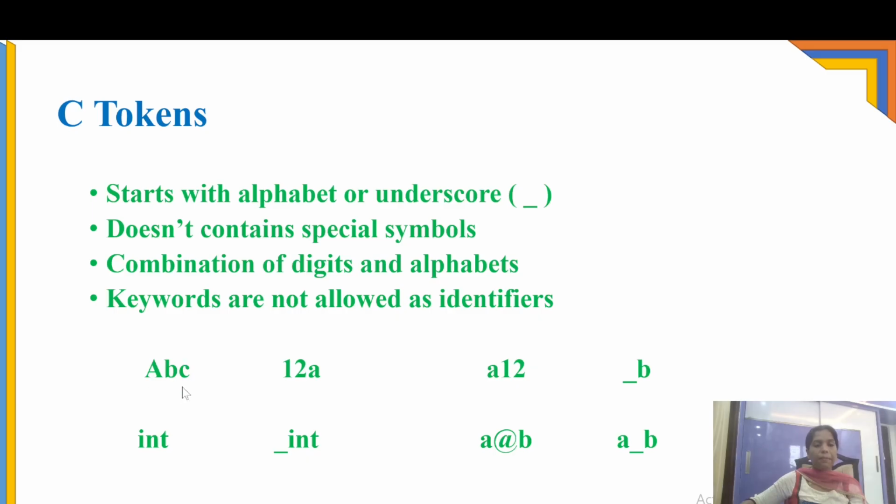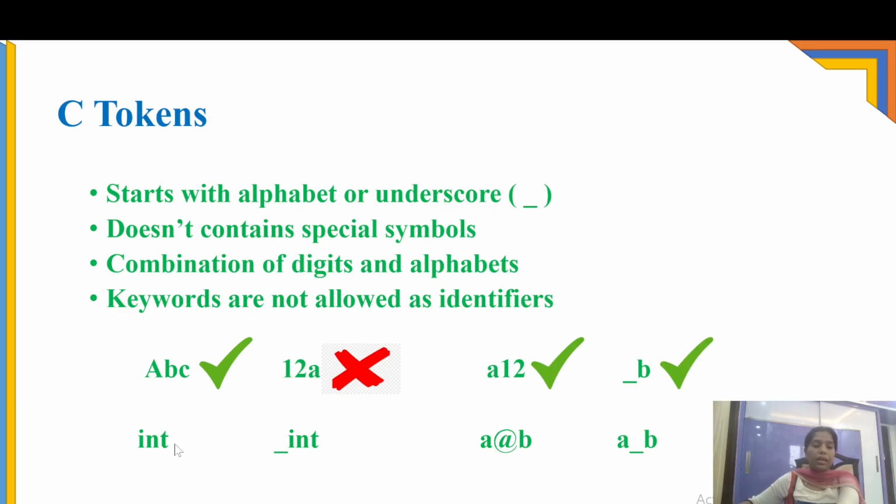The first one, ABC. It is an identifier because it is starting with an alphabet. 12A is starting with a digit, so it cannot be an identifier. Next, A12, it is starting with an alphabet, so it can be an identifier. Next, underscore B. A variable or identifier can start with an alphabet or underscore, so it is an identifier.